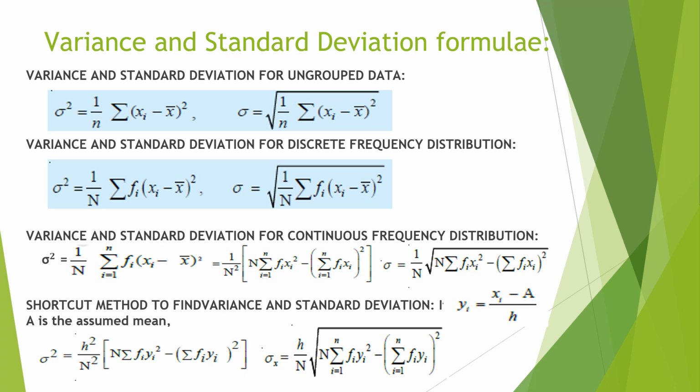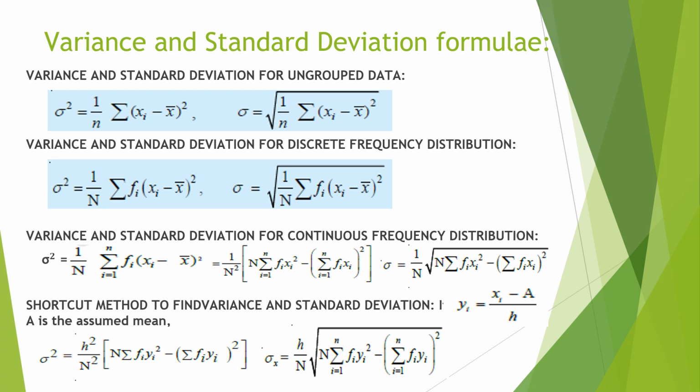That means you are taking the sum of the squares of the distances from the middle value. Xi minus x bar means the distance from the middle value, and you are taking the square and then summing it. Then you divide by n, which means the average.